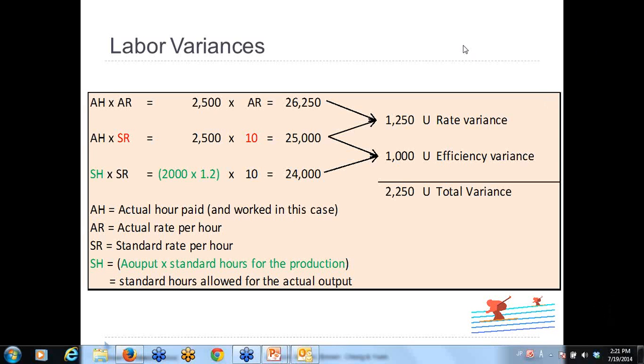Using the same principle, we can compare the actual cost paid, $26,250, which is the first row, and the actual hours paid at the standard rate, $25,000, which is in the second row, giving rise to a rate variance of $1,250 unfavorable, as the actual cost is higher than the expected sum.